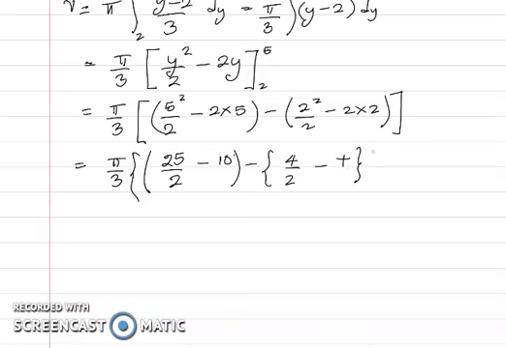All right, now 4 divided by 2 is 2. 2 minus 4 is minus 2. So over here, we have pi over 3. On the left-hand side, we have 25 over 2 minus 20 over 2. On the right-hand side, we have minus minus 2.